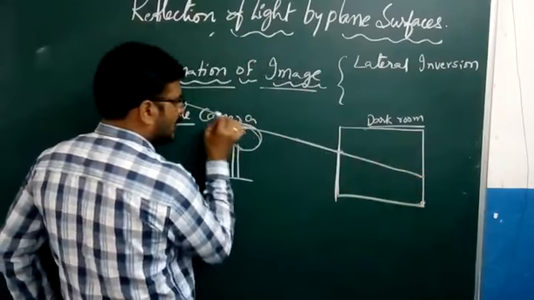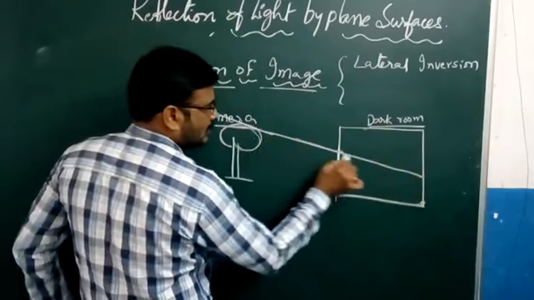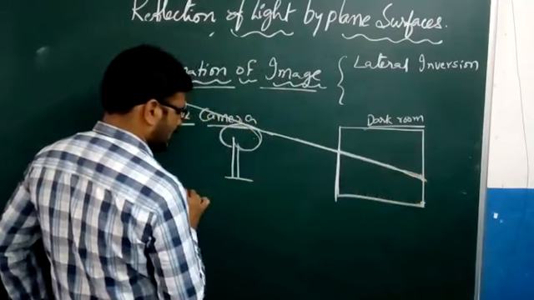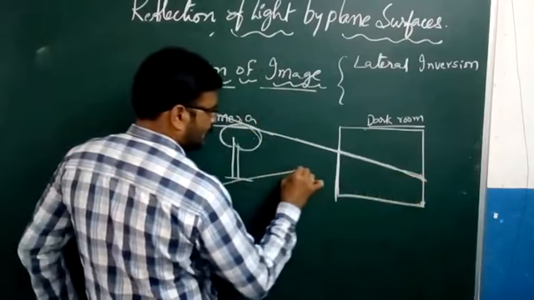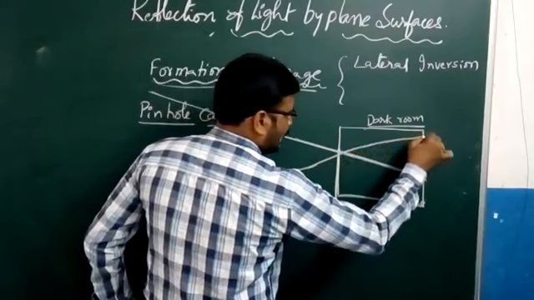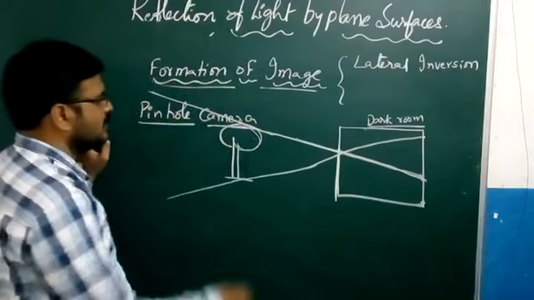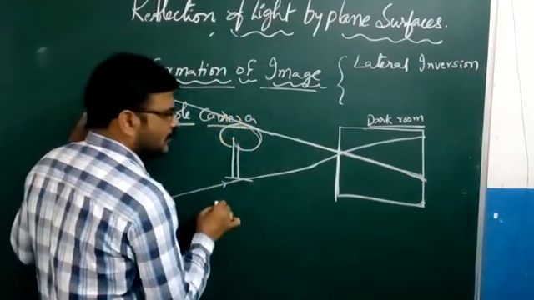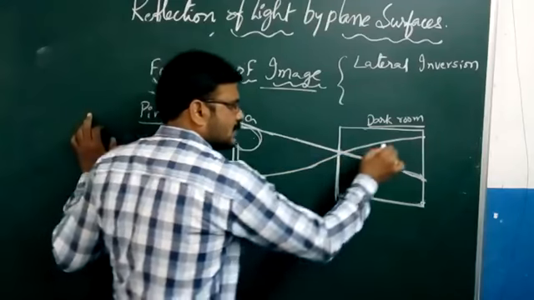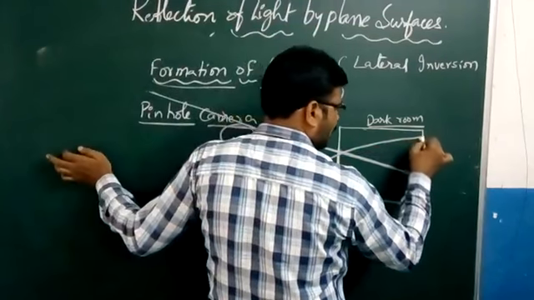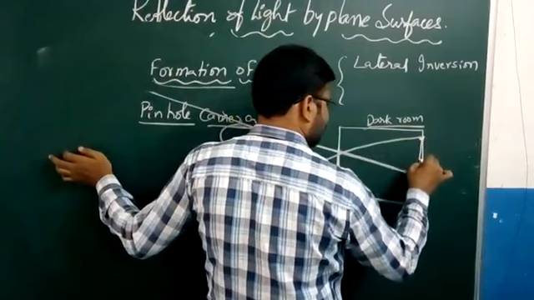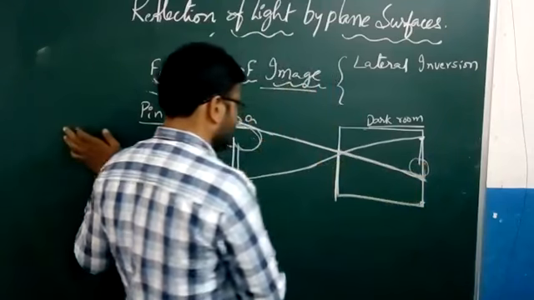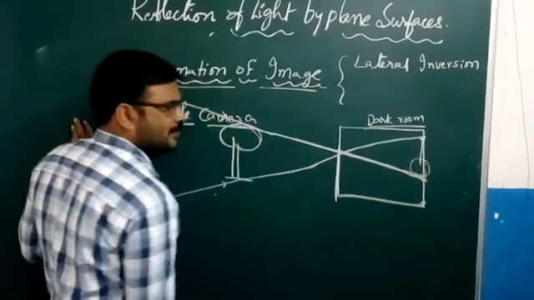So when light from the source is coming over here, the light coming from the tree will be falling; the light ray which is coming from the top will travel straight and fall over here, and the light ray which is coming from the bottom will fall over here. If we observe these two light rays, the one coming from the bottom falls at the top, and the one coming from the top falls at the bottom.